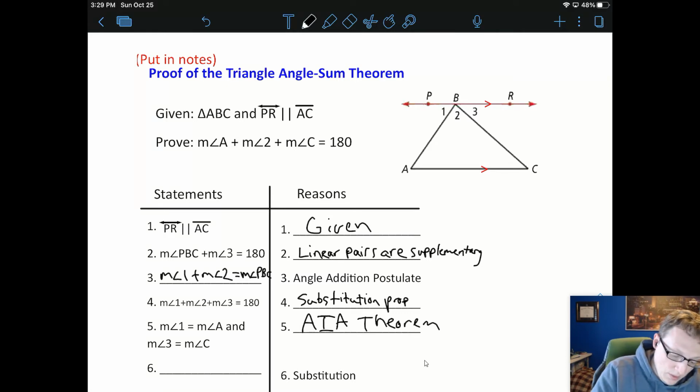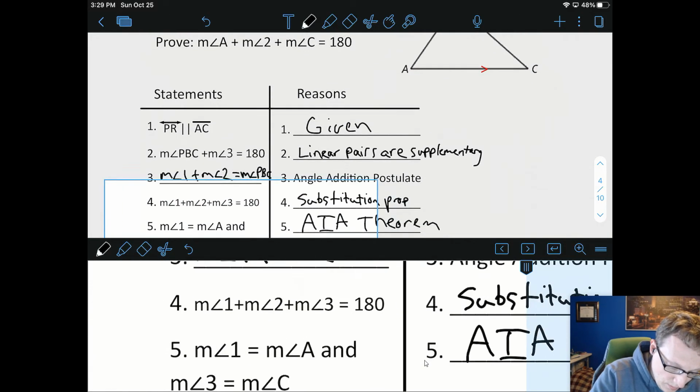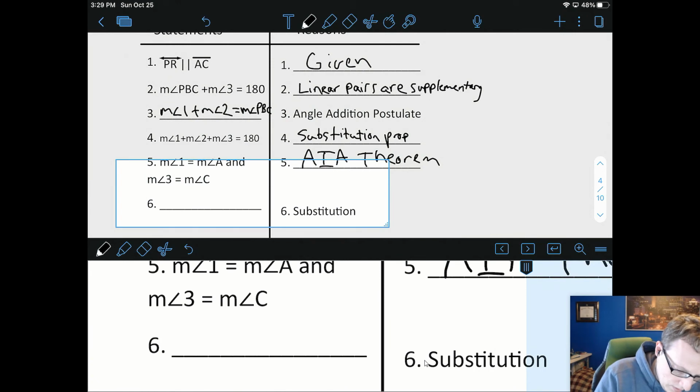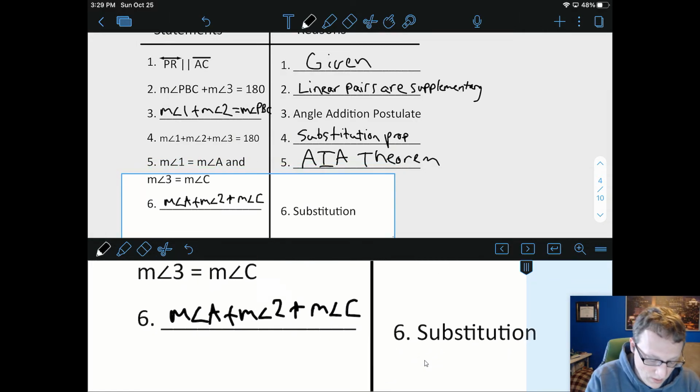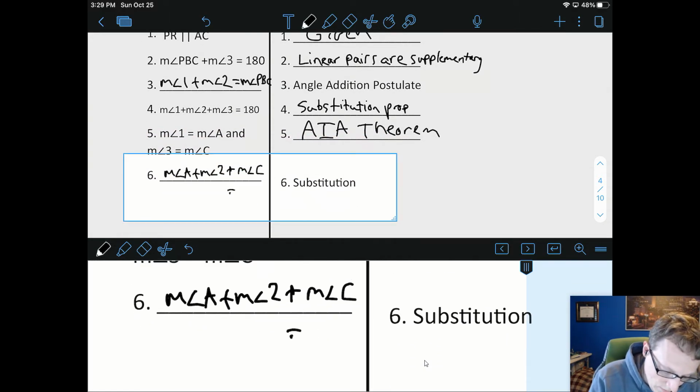And now we can just do a simple substitution. Let me bring this back up. My handwriting's so much nicer when I'm zoomed in. So we can say that the measure of angle A, because we're replacing angle 1 with angle A, plus the measure of angle 2, plus the measure of angle C, because we're taking the 3 and replacing it with the C, has to equal 180.